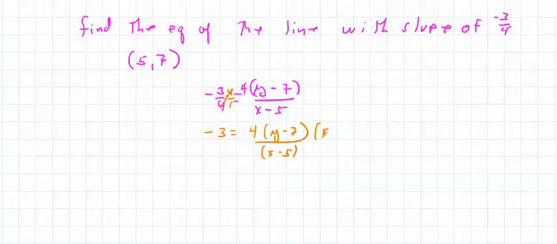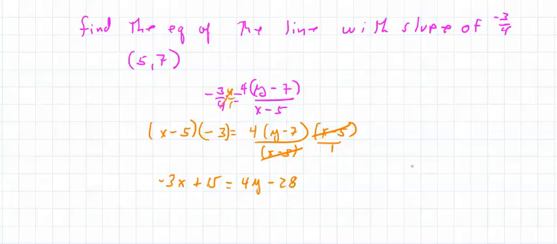Multiply by x minus 5, and it's really over 1. Those cancel. Must be parentheses here, x minus 5. Otherwise, it would be a subtraction problem. I distribute: negative 3x plus 15 equals 4y minus 28.